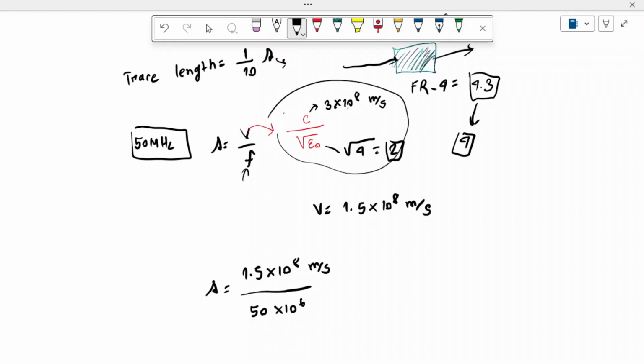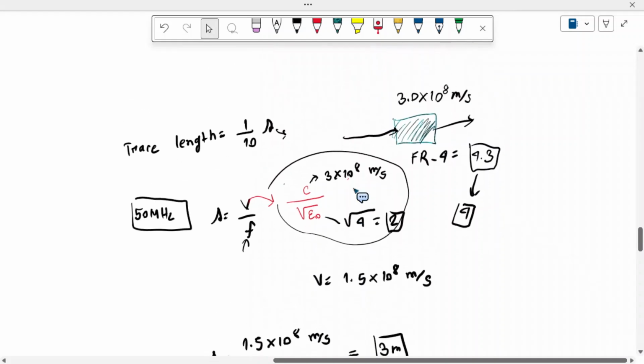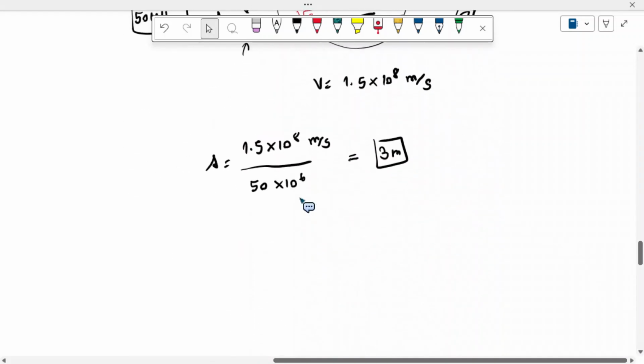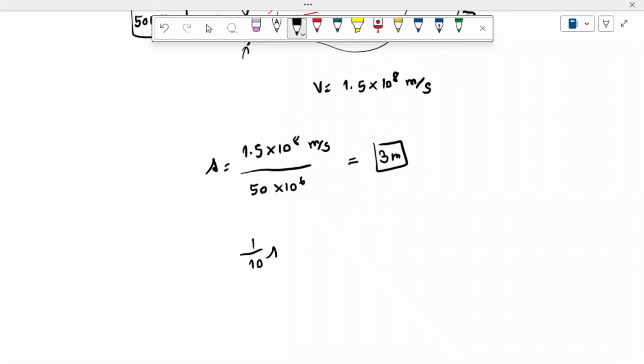Now if you take your calculator and plug in the values and do the rest of the calculation, what I get is basically 3 meters. So that's just my wavelength. But as I said, you have to have 1/10 of your wavelength. So if I do 1/10 of my wavelength, I'm getting like 0.3 meter, which is not really a lot for me.